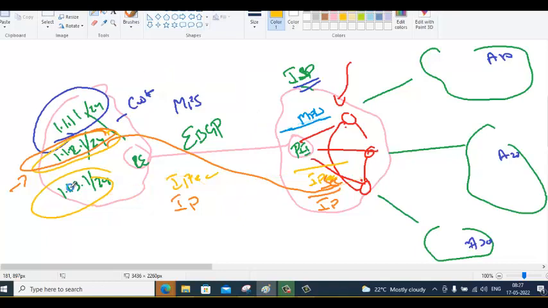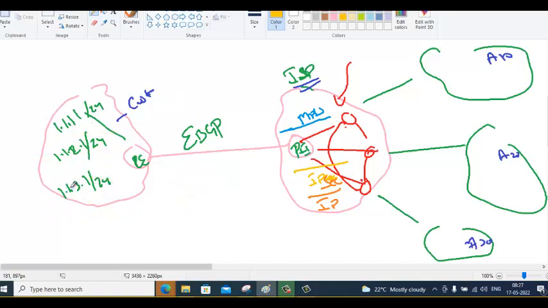But how ISP knows that if traffic is coming from this, I need to send via that? So what we do is we ask the customer. See, on the service provider side, we have this color. What color? Color here, orange means, why different color is coming?